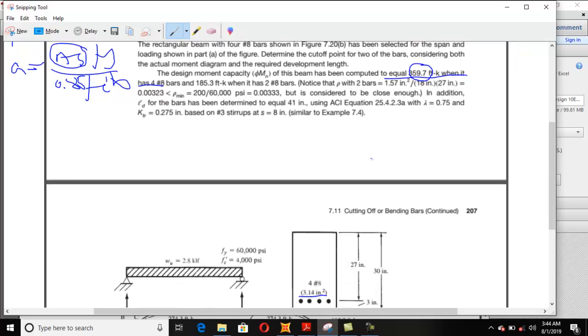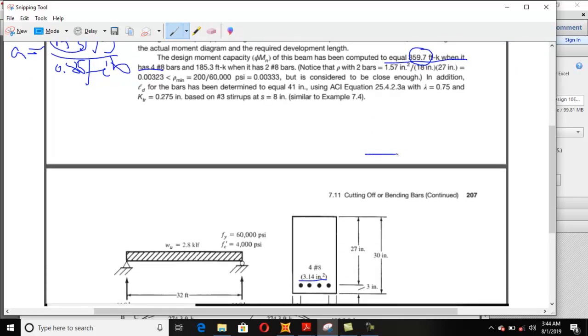Basically this means that when you draw the moment diagram, the peak value will be 359.7. Now this moment capacity is for 4 number add bars.